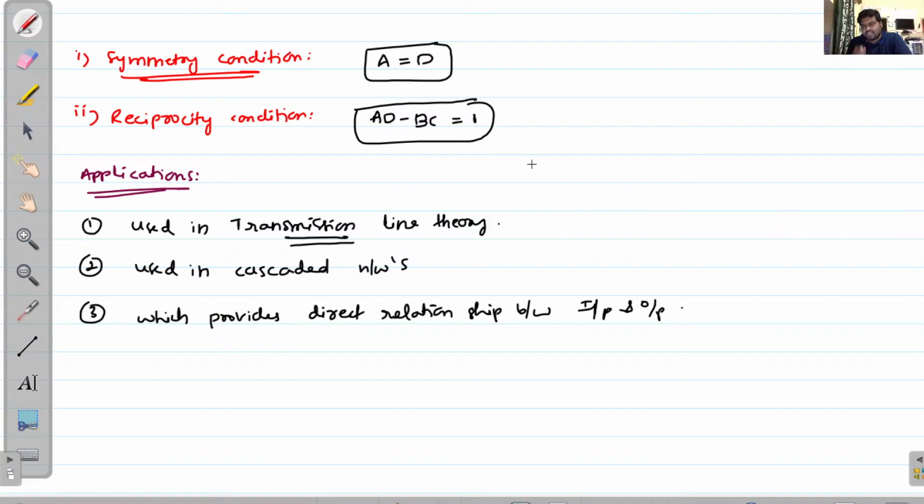From that generation point, we can transmit the power through transmission lines. In the beginning of this network theory class, I already explained. These are the transmission poles, and these are the conducting wires, right?